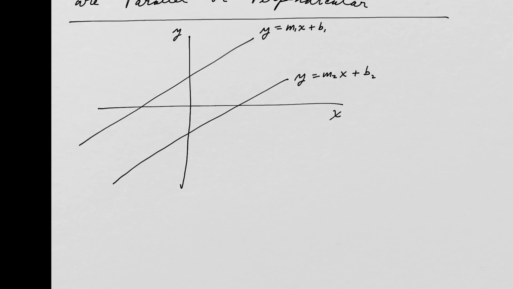Okay, so how do I determine whether two lines are parallel? This is a case where they're parallel, right? Parallel means they never intersect. So I'll say it means two things.